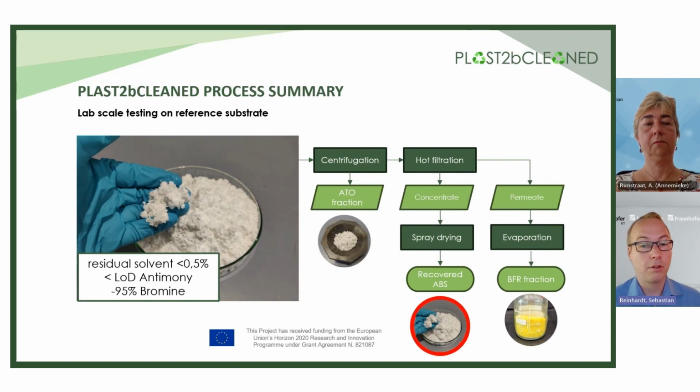When we look more closely into the recovered ABS, the residual solvent content is very important. It was below 0.5%. The antimony trioxide content was below the detection limit, and the bromine content was reduced by up to 95%.